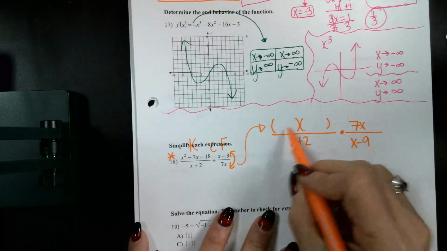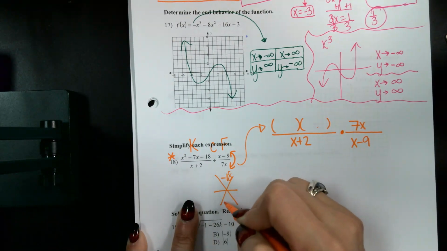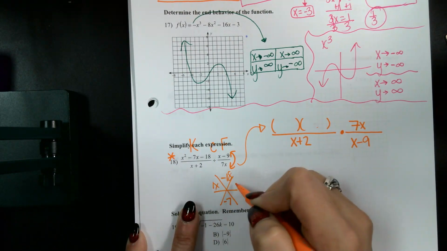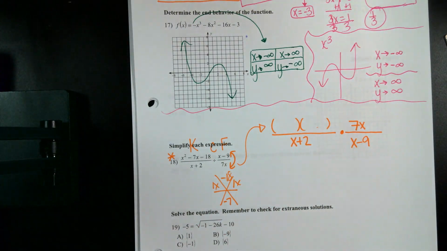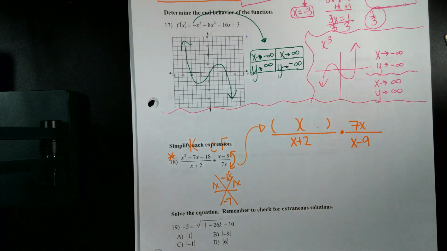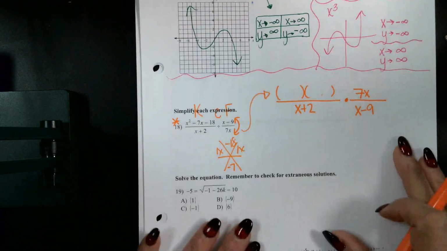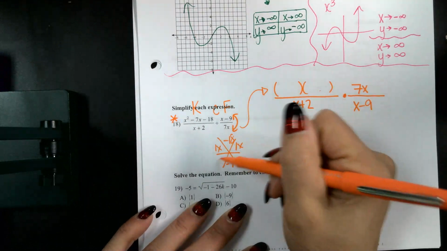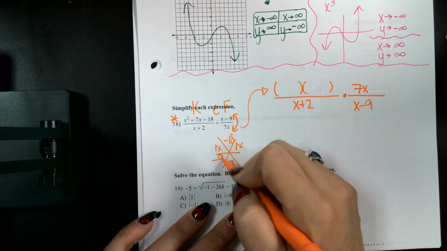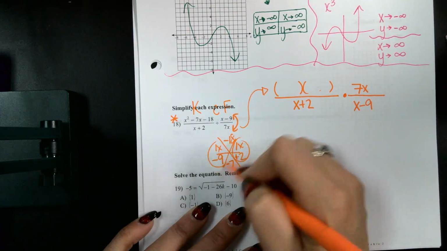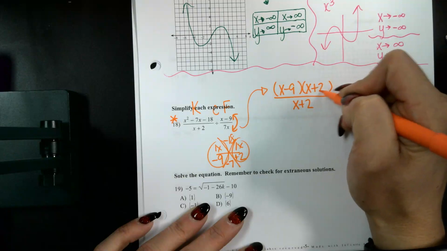All we have to do is figure out the two sets of parentheses for the negative 18 and the negative 7. They're not both negative. You would not have a negative up here if they were both negative. Yeah, negative 9 plus 2. So x minus 9 and x plus 2.